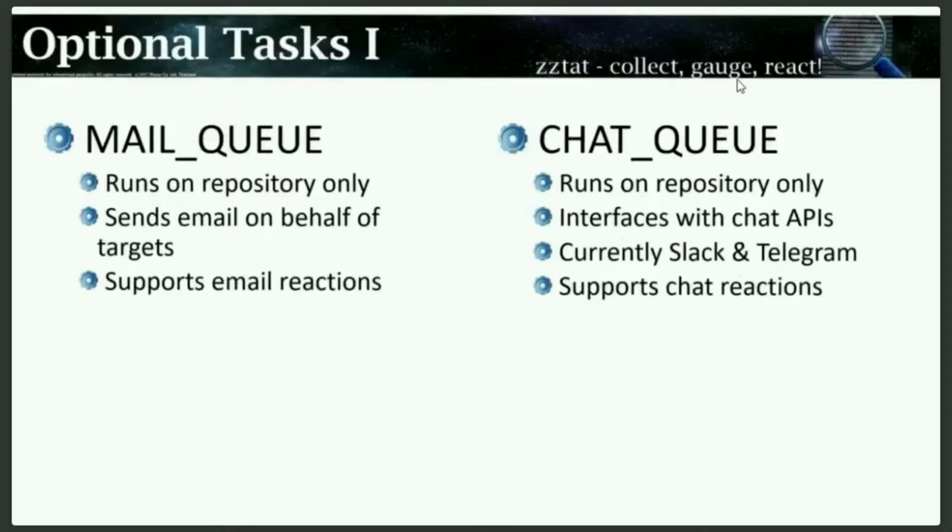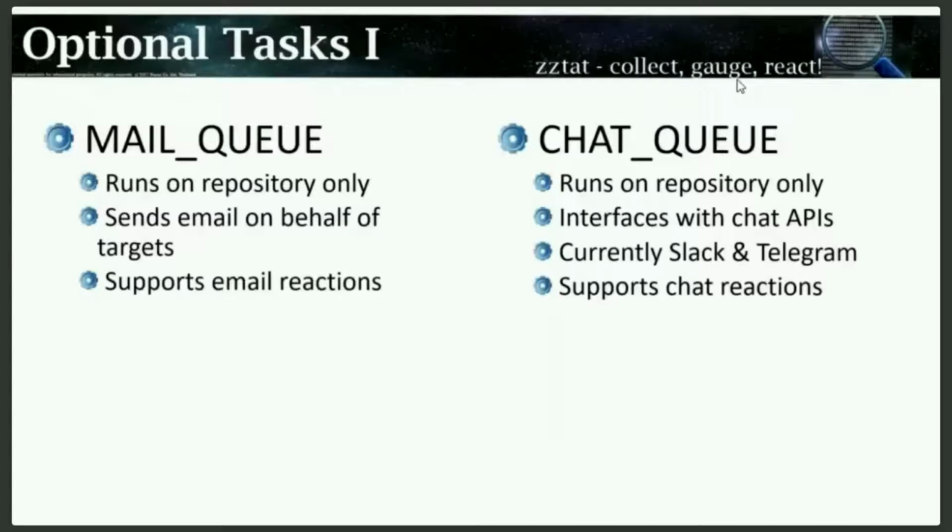Then we have the mail queue and the chat queue. Now these guys may be running or not. It depends on which features and how you have your environment set up. So emails is one of the main notification methods that zztat uses, but you may not want your production databases to be sending out emails to the open internet.